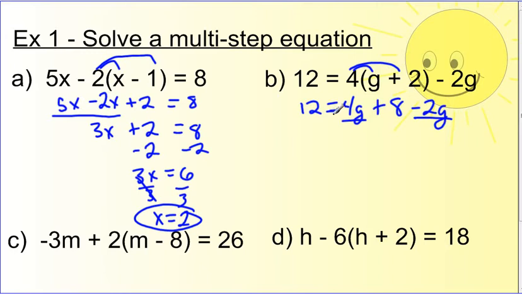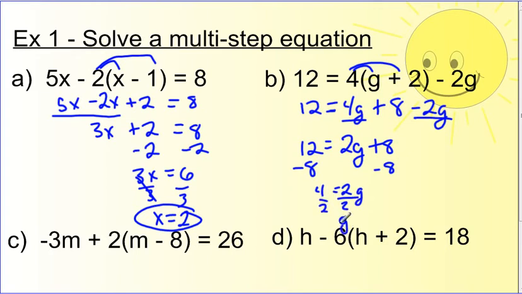I can still combine. 4 and a minus 2 combined together gives you 2g. Now this is a two-step. We're going to get rid of the add and subtract, then the multiply and divide. So we minus 8, we get 2g equals 4, divide by 2, g equals 2.